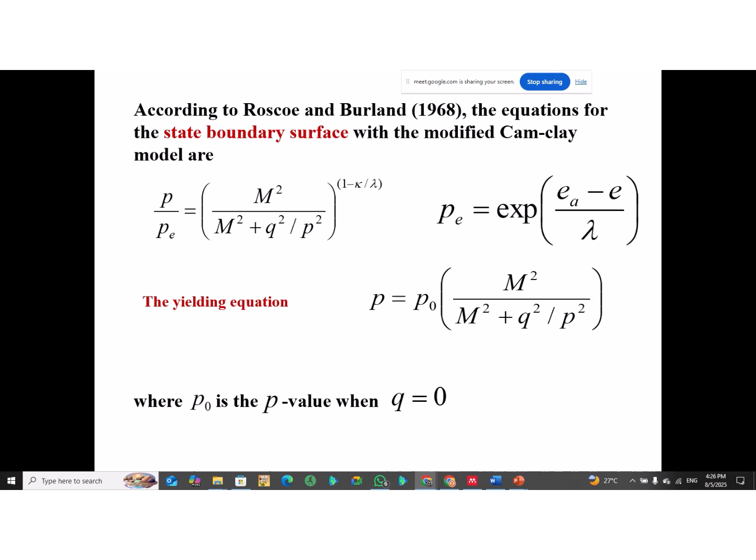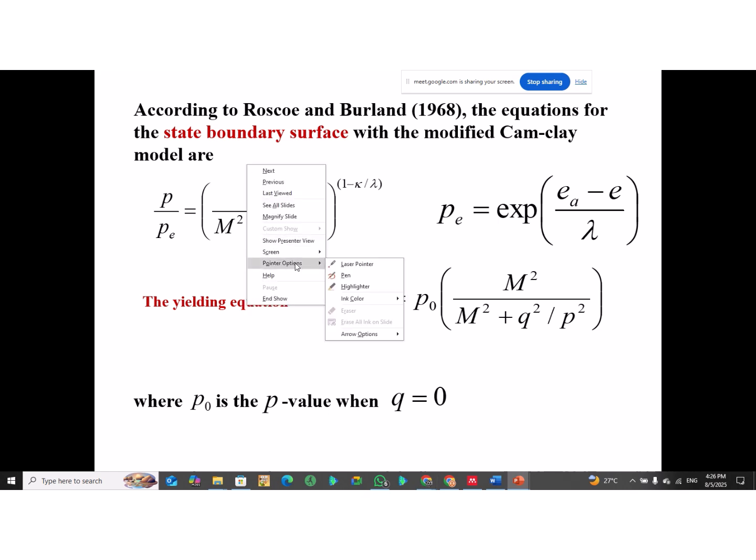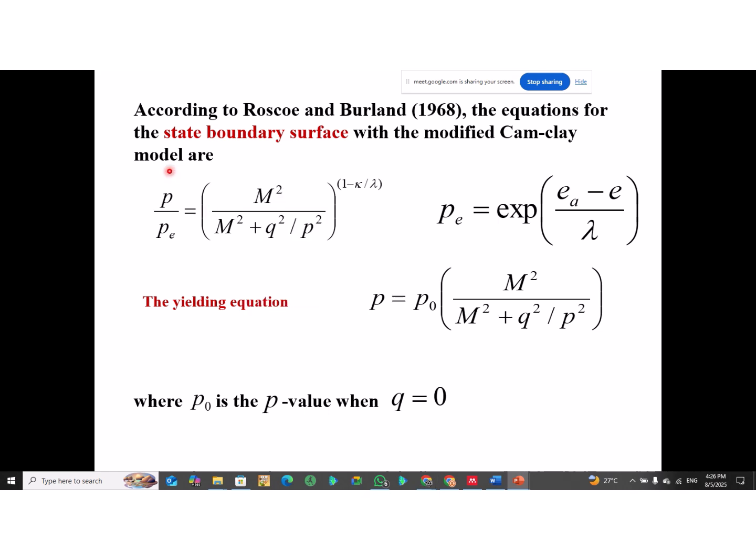So the equation, you can see in the theory we talked about P, we talked about PE, and the definitions you should remember. M is the gradient of the critical state line, Q and P, Q being the deviatoric stress, P being the mean effective stress, and then the kappa and the alpha.